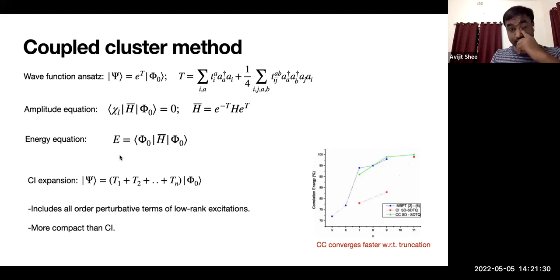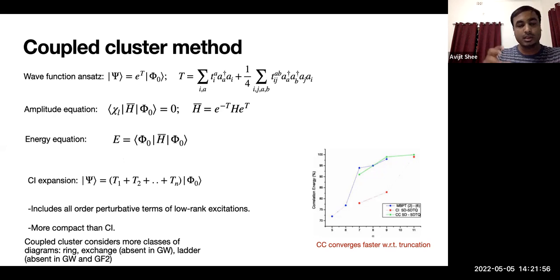By control here I mean that there is an underlying diagrammatic structure by which one can maintain the size extensivity of the theory. So that's how it kind of captures way more physics in comparison to a CI expansion.